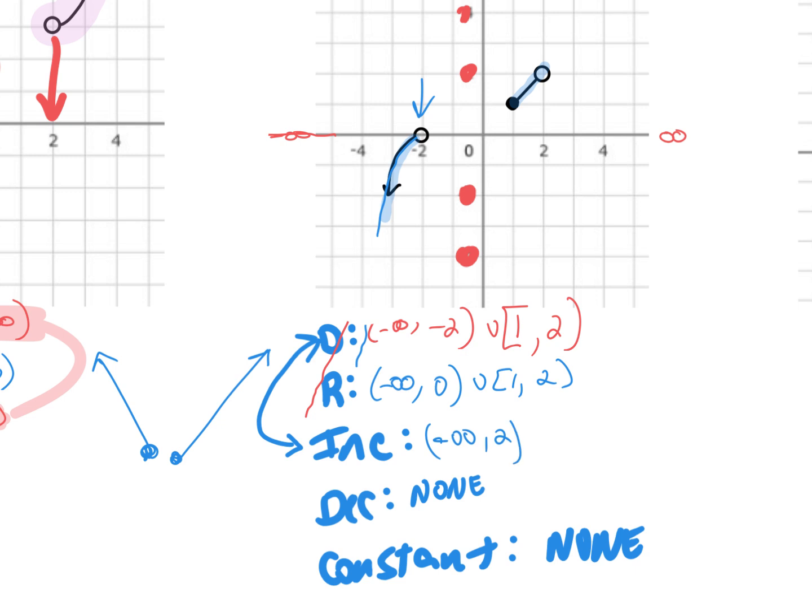Then it increases again from where to where? 1 to 2. Is that the exact same thing as your domain? What's different? The parentheses and brackets, right? Because with domain and range, we use brackets and parentheses. If it includes, use a bracket. If it doesn't, use parentheses. For increase, decrease, constant, it's only parentheses.